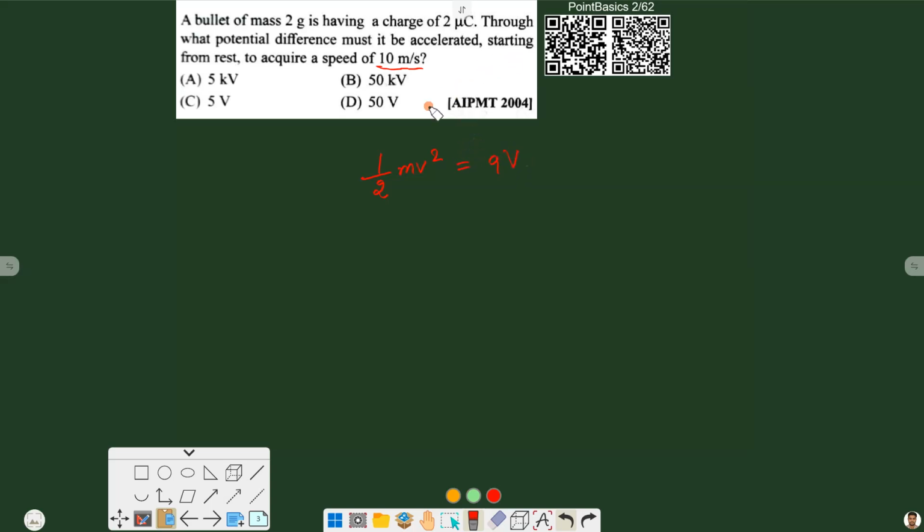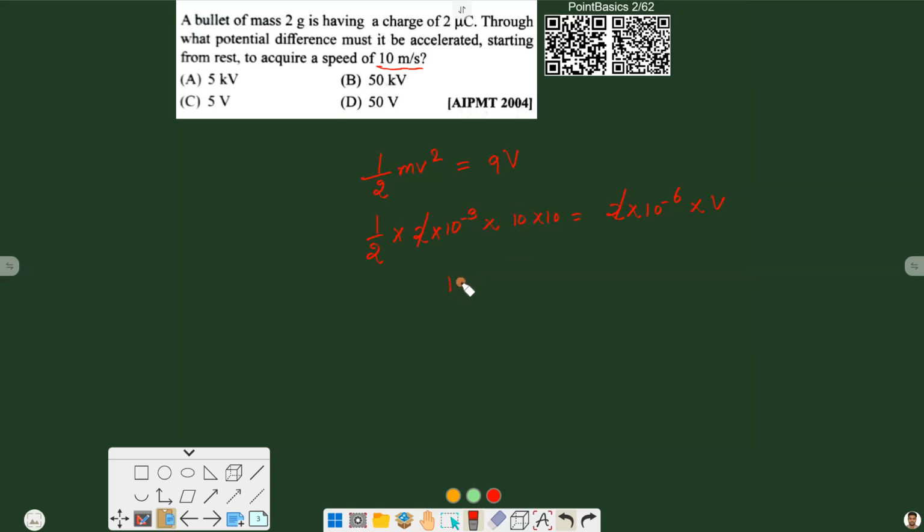So here we have half mv square, the value of v is given and the value of mass is given, so putting those values, 10 into 10 is equal to 2 into 10 raised to power minus 6 into potential. So 2 get cancelled, and this 10 raised to power 6 will come to the other side in the divide.